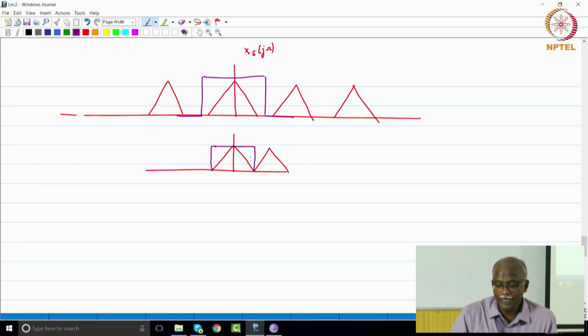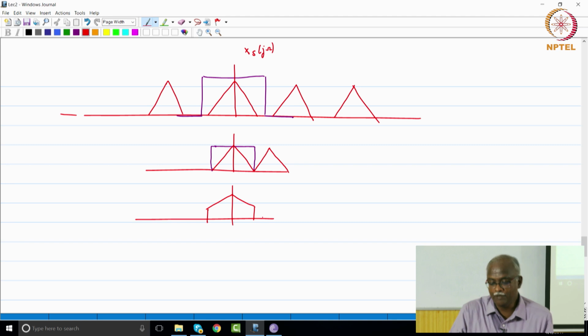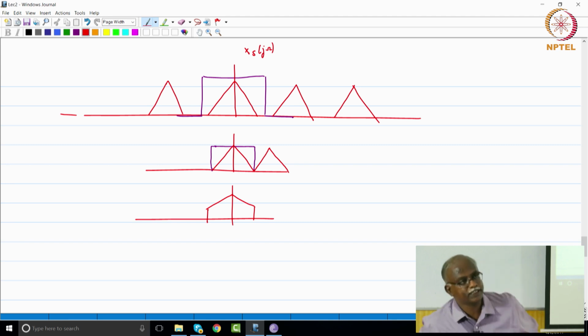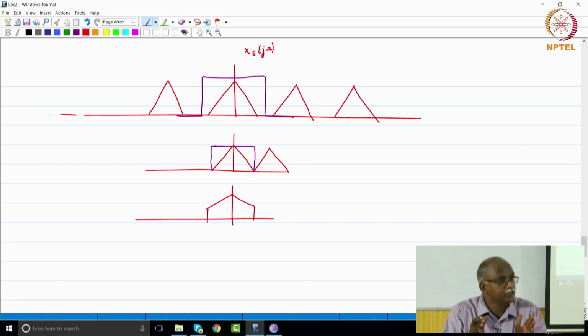And of course, if it was not 0 at this point, that was another point that was mentioned, then it adds another dimension to the problem, because if you had a situation where you had something like this, then it's even more tricky when you want to do the reconstruction process, because you want to make sure that your reconstruction filter does not remove any of the information of the signal.